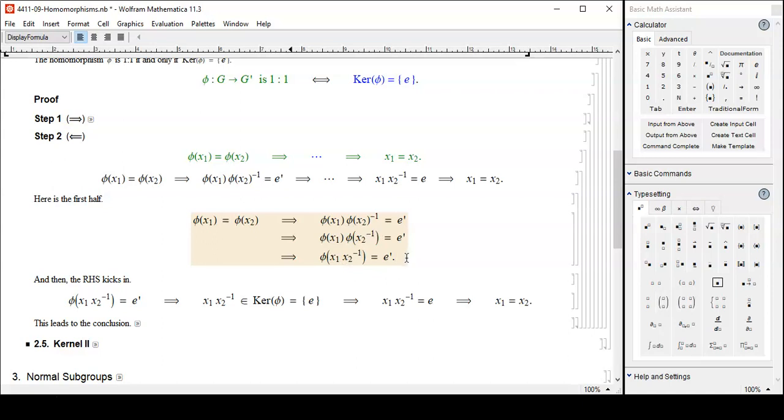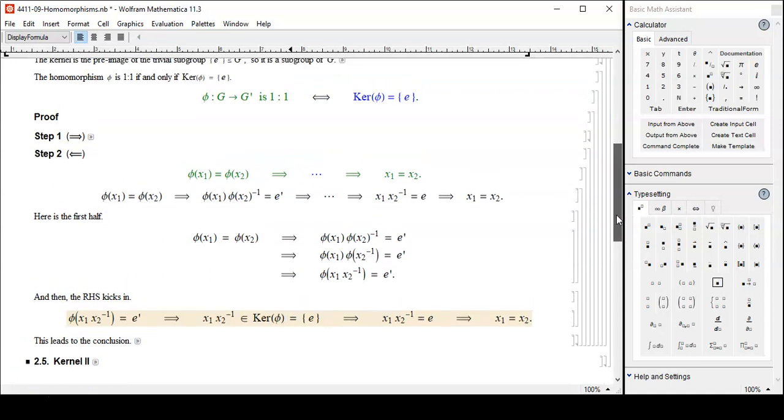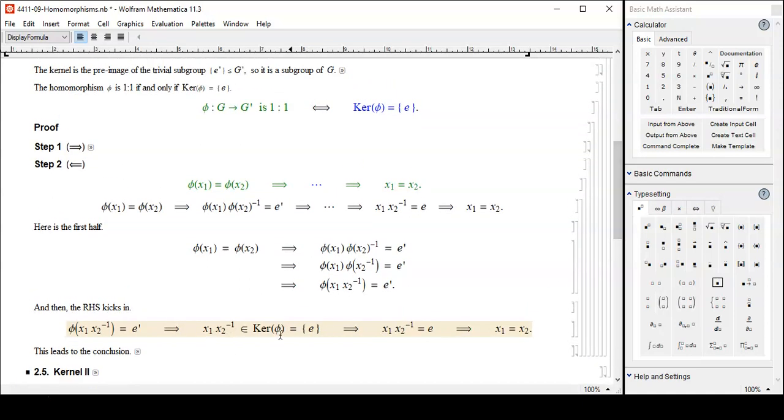And right hand side E prime. Consequently, x1, x2 inverse belongs to the kernel because that's what the kernel does. But then again, this kernel is just a singleton E. So x1, x2 inverse is equal to E. In other words, x1 and x2 are the same.